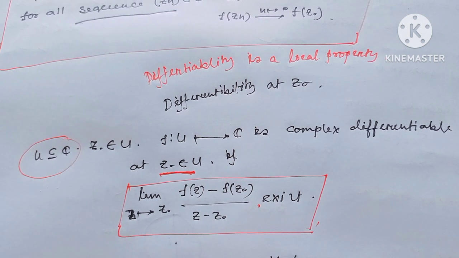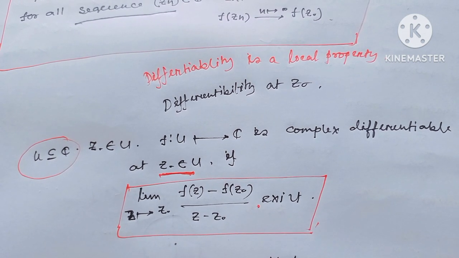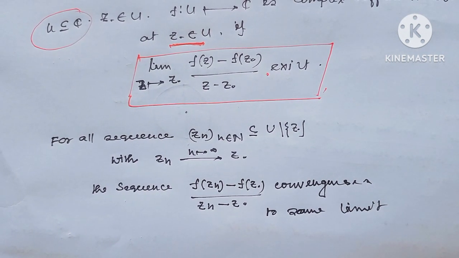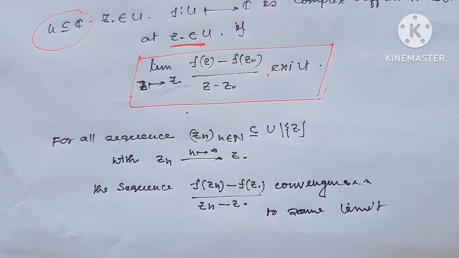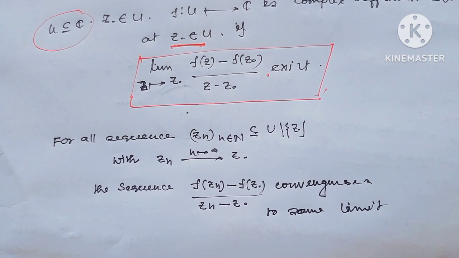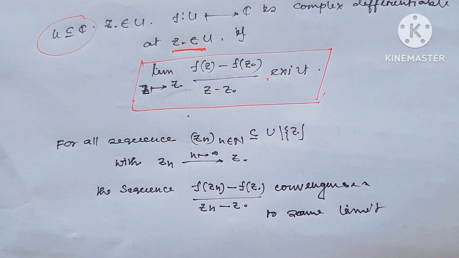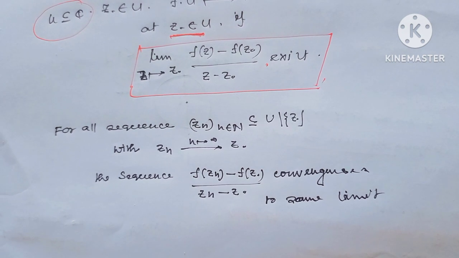Sequentially, for all sequences Zn in U omitting Z0 with the condition Zn goes to Z0 as n tends to infinity, if the sequence f(Zn) minus f(z0) over Zn minus Z0 converges to the same limit, then we can say the function f is differentiable at the point Z0. This is the idea of differentiability.